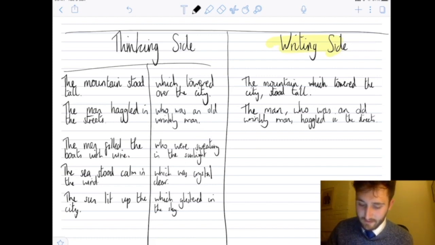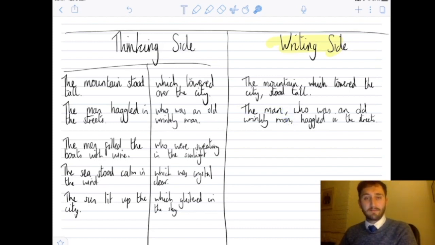Full stop. So again, I've got my capital letter, I've got my full stop at the end, and I've got my commas just before my embedded clause and just after my embedded clause.